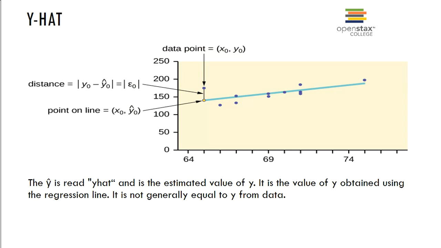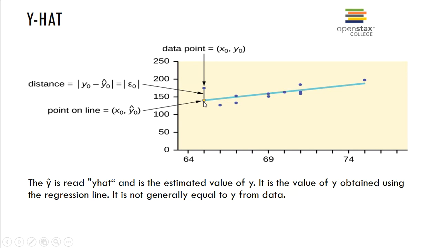Okay, so y hat is read as "y hat," that's what we call it, and it's an estimated value of y. It is the value of y obtained using the regression line. It is not generally equal to a y in the data. So what we're talking about here is an imaginary point on the line, this would be y hat, because this is the actual data value right here.